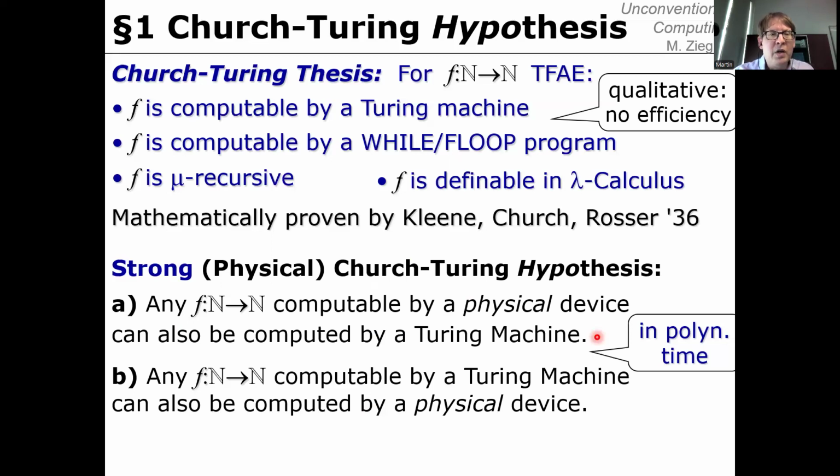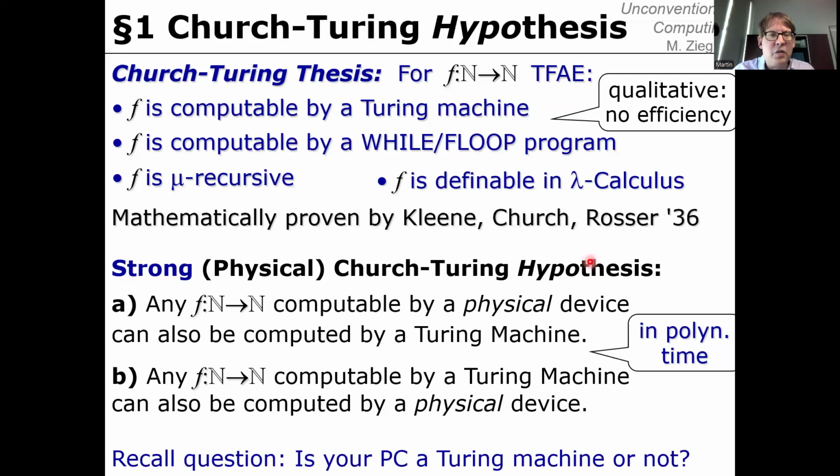So what's the point about this item B? Recall our discussion about modes of computation, recall our discussion about whether your PC is a Turing machine or not, and we realized that maybe it is only an approximation of a Turing machine, but not actually a Turing machine, because a Turing machine is supposed to have unbounded memory, an unbounded storage tape.